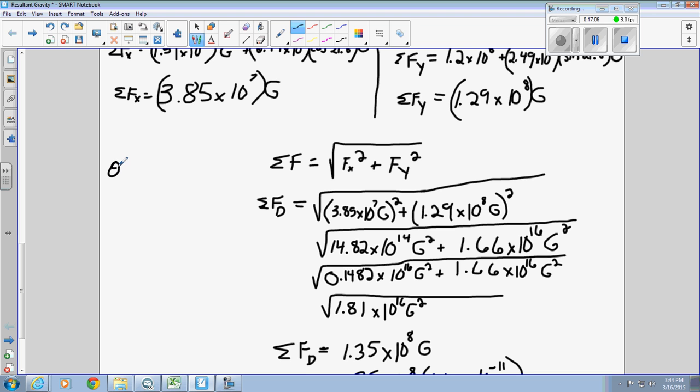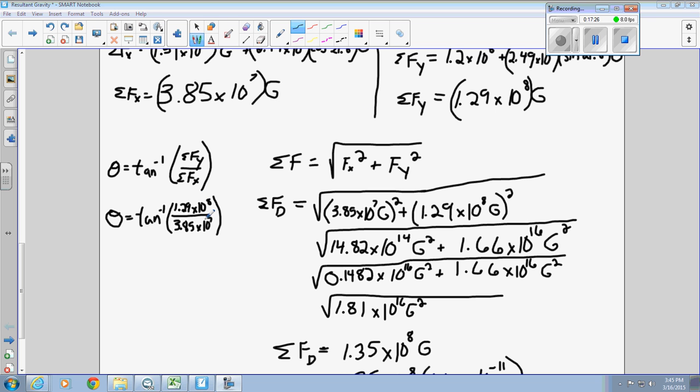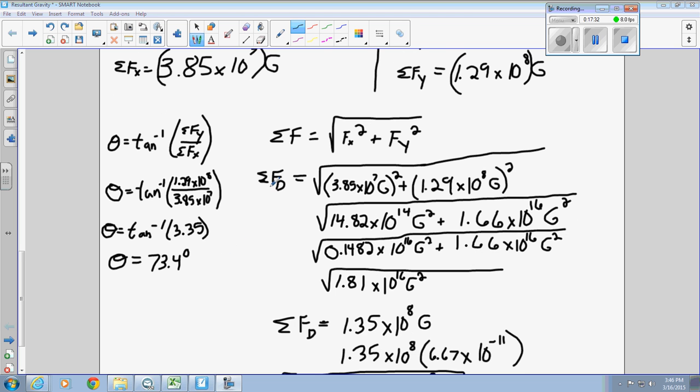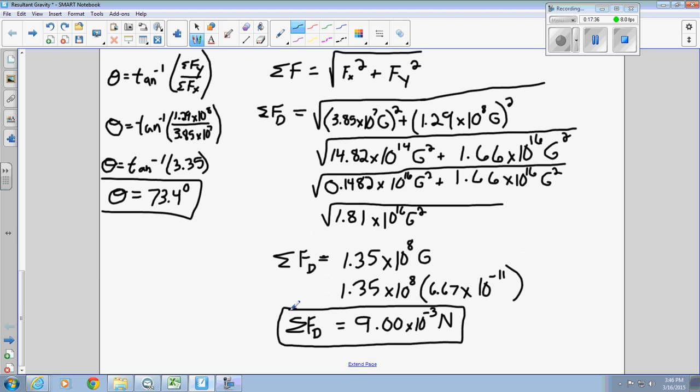To find the angle that it's acting at, we'd take the inverse tangent of our net force in the y over the net force in the x. Plugging these in, now we can eliminate the G's because you'd have a G over a G and they'd cancel out. You're going to find that your angle is 73.4 degrees.